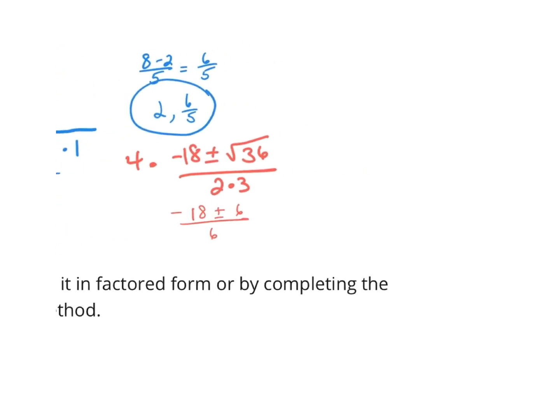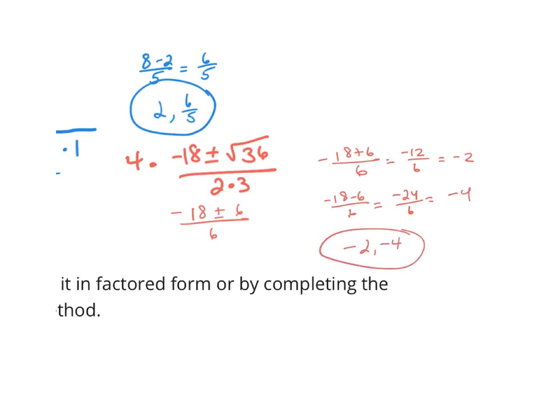Now I'm going to separate it. So I have negative 18 plus 6 over 6. Negative 18 plus 6 is negative 12. Negative 12 divided by 6 is negative 2. And then I'm going to do negative 18 minus 6 over 6. Negative 18 minus 6 is negative 24. Negative 24 divided by 6 is negative 4. So the two solutions are negative 2 and negative 4.